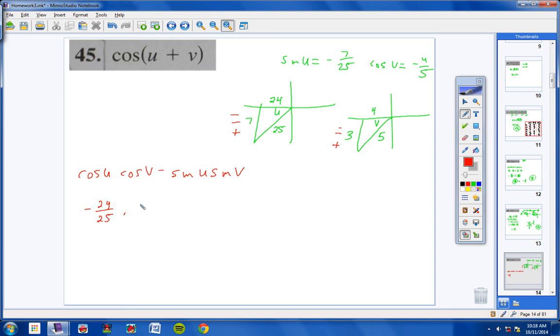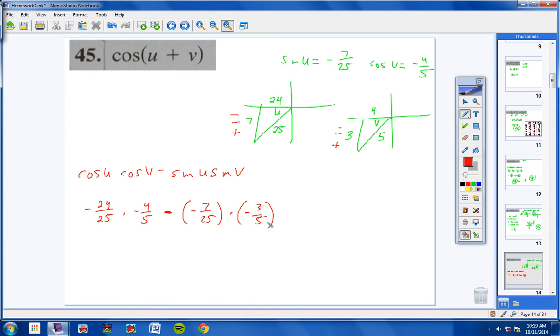Cosine of v would be negative 4/5. Minus sine of u would be negative 7/25, times sine of v, which is opposite over hypotenuse, so negative 3/5. And I just checked the book, and all of our work so far is correct.